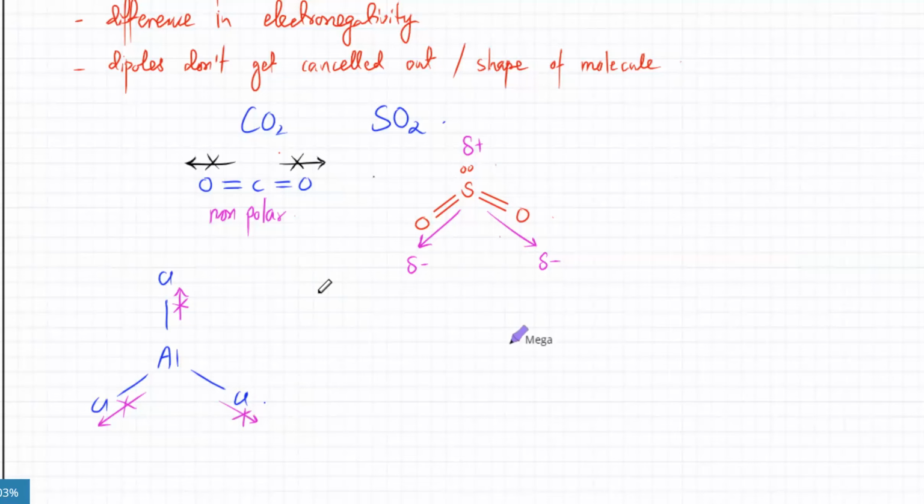So let's think of a similar molecule, but this time you've got an oxygen and there are two H atoms attached to it. So it's again trigonal planar, but this time there's one atom that is very electronegative.